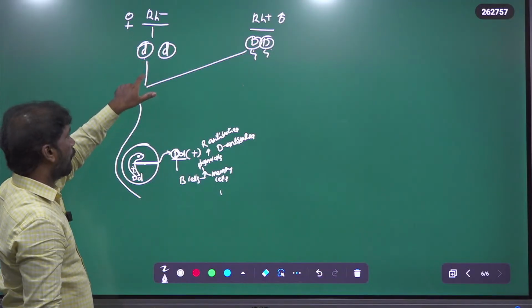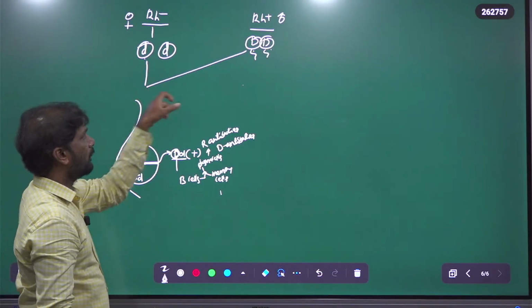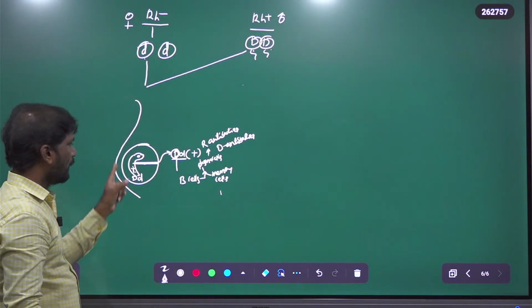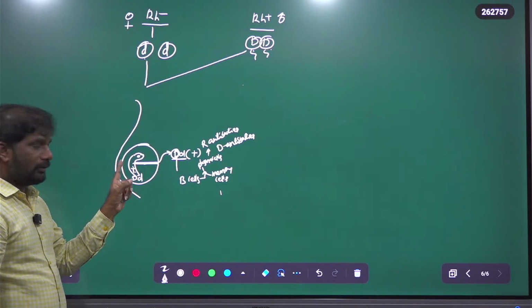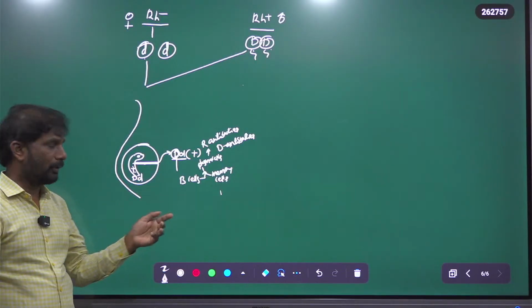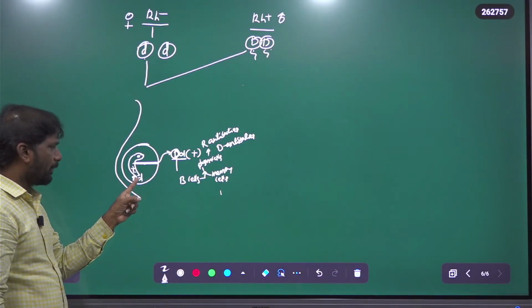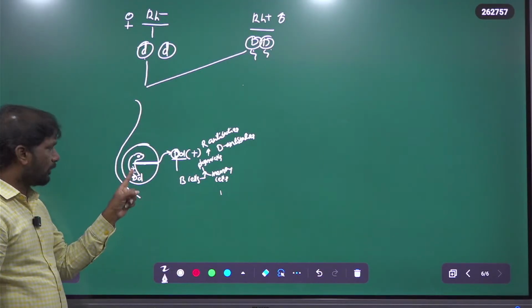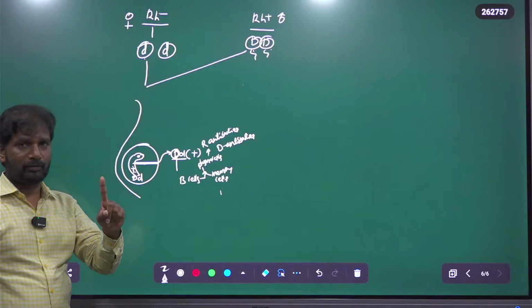When this ovum is fertilized with this capital D sperm, it leads to the formation of the zygote. That zygote develops as an embryo, and such an embryo is capital D, small d. Due to the presence of the capital D, you can say the fetus is Rh antigen positive.